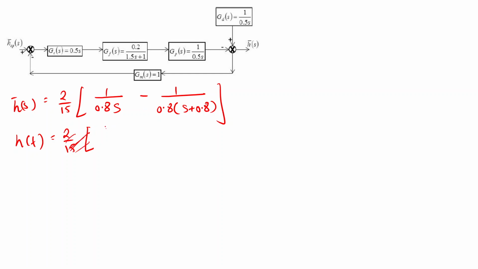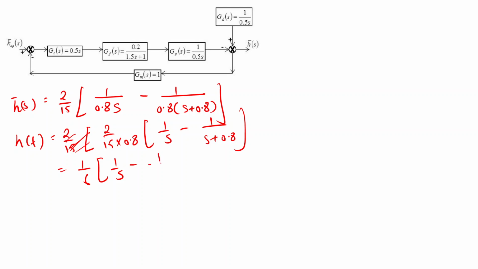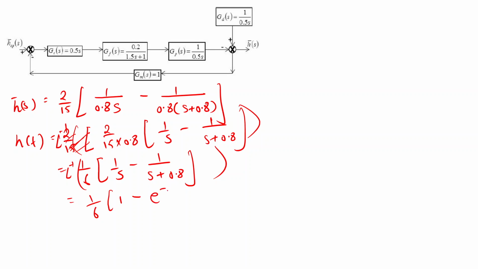So it will become 2 upon 15 into 0.8, into 1 by s minus 1 upon s plus 0.8, and this will become 1 by 6. Taking the Laplace inverse of this entire term, the Laplace inverse of 1 upon s is straight away 1, and 1 upon s plus a is e raised to minus a t, so it will become 1 by 6 into 1 minus e raised to minus 0.8 t.